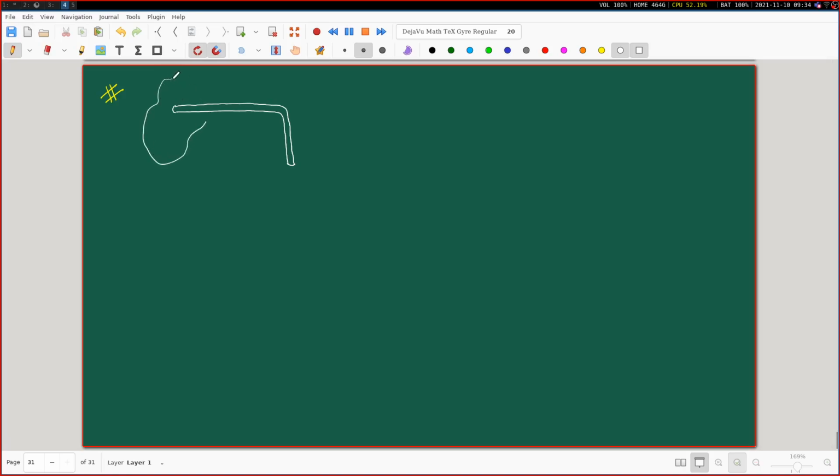This is the wall. This is A, this is B, this is C, and the externally applied load is an innocent looking simple force like this. Very, very innocent looking thing. But this alone can do a lot of things.